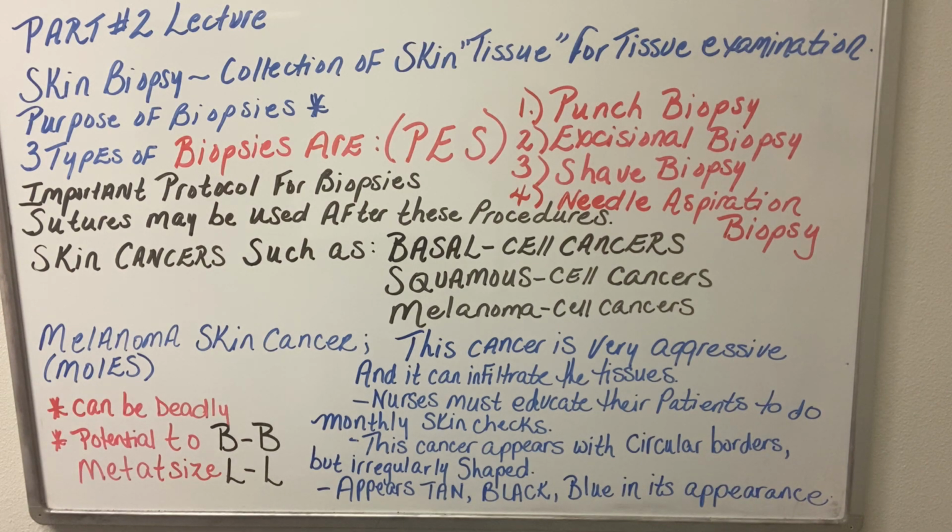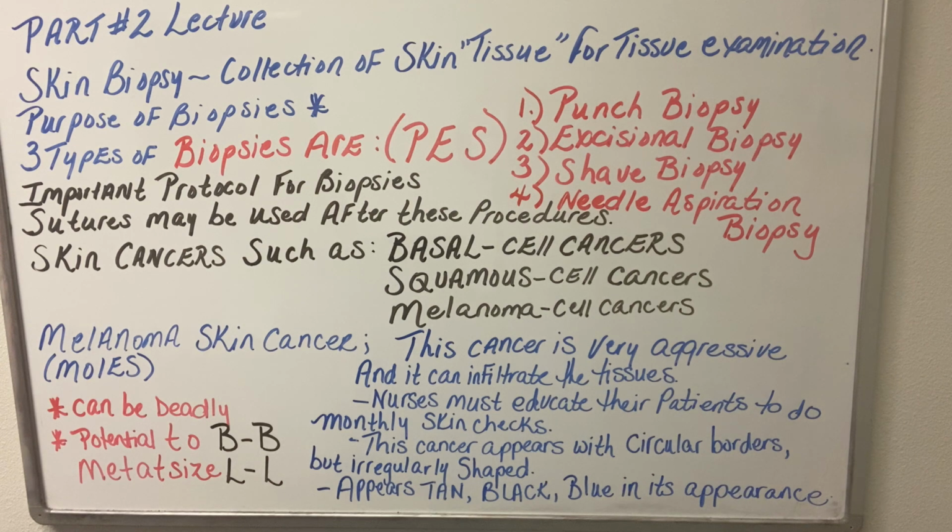Another thing for nursing educators and nurses giving patient teaching: they should also let their patients know that a lot of times these moles look like sores and sometimes they don't heal. That patient needs to be aware. If they see something not healing properly, they need to alert you as the nurse, and they need to alert the physician.